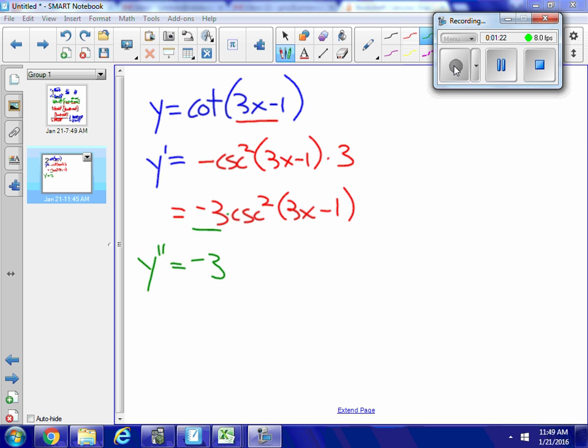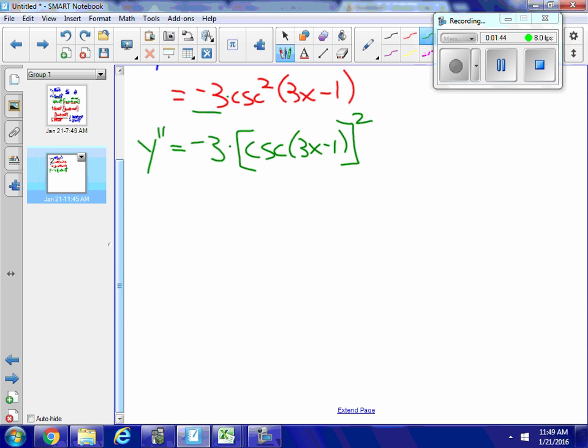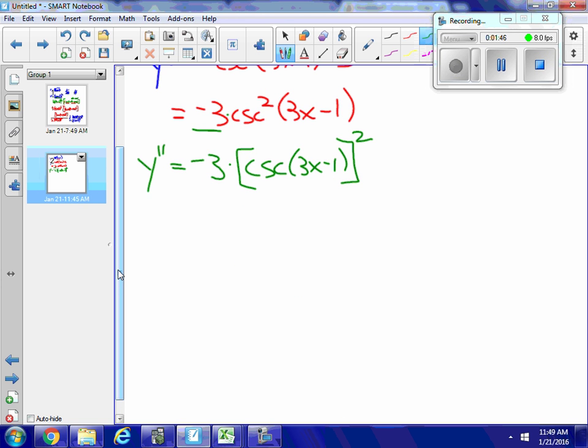Now, I'm going to look at the rest of this like this: cosecant 3x minus 1 squared. I think it'll be a little bit easier to see what we're doing if we do it that way. So I have moved my negative 3, and now I'm just really working on the derivative of this part here.